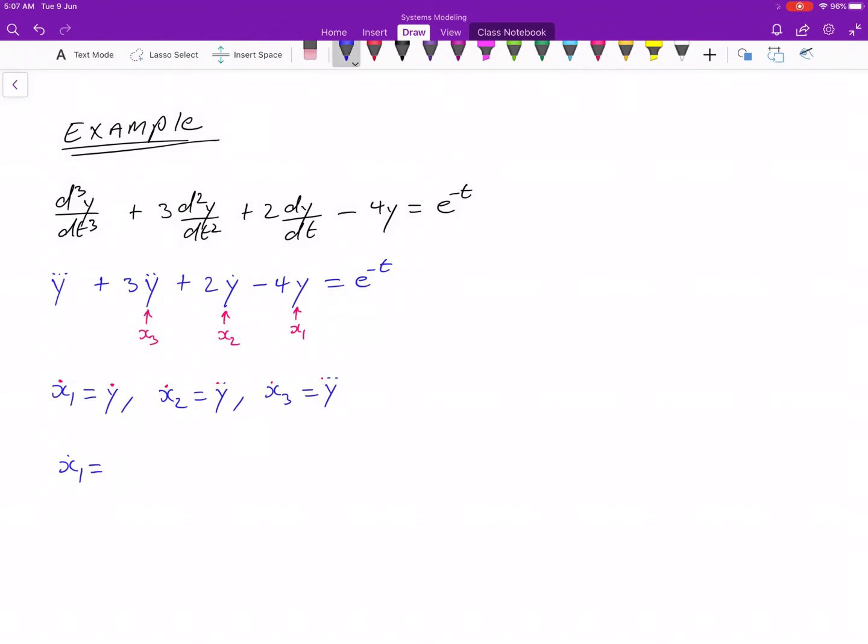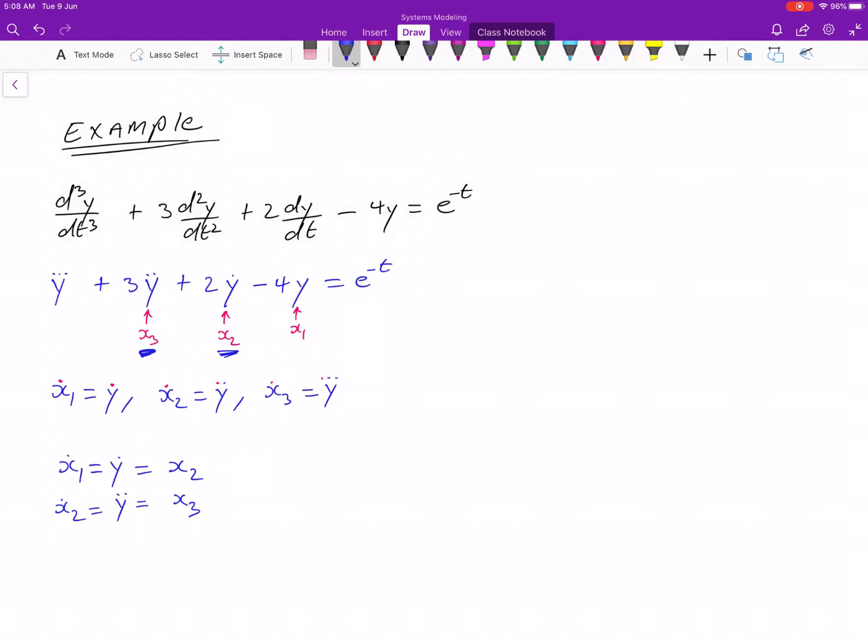So x1 dot is y dot, and y dot was x2 from here, so we have x2 here. The next one we need is x2 dot. x2 dot is equal to y double dot, which we assigned as x3, so it is x3.